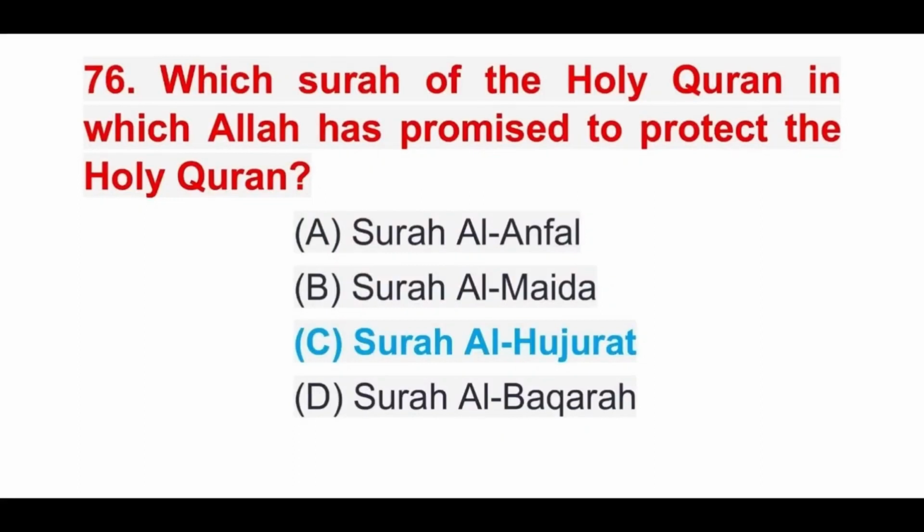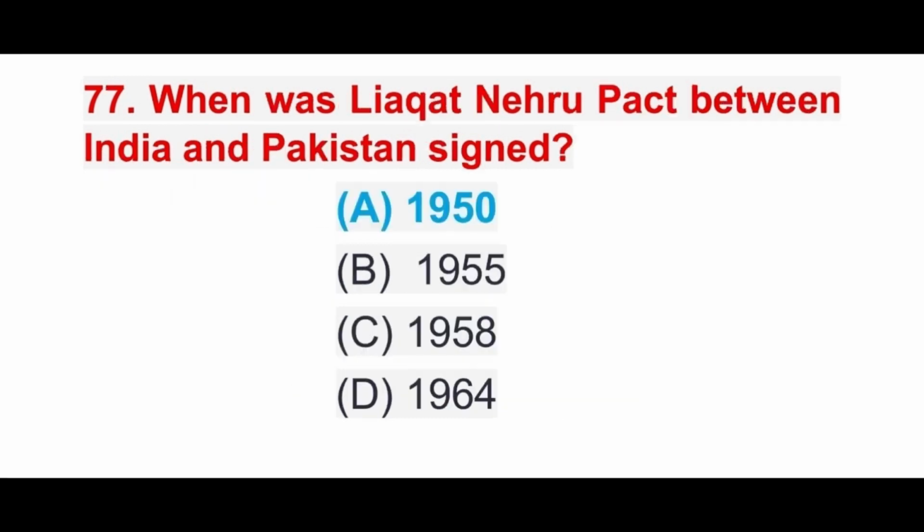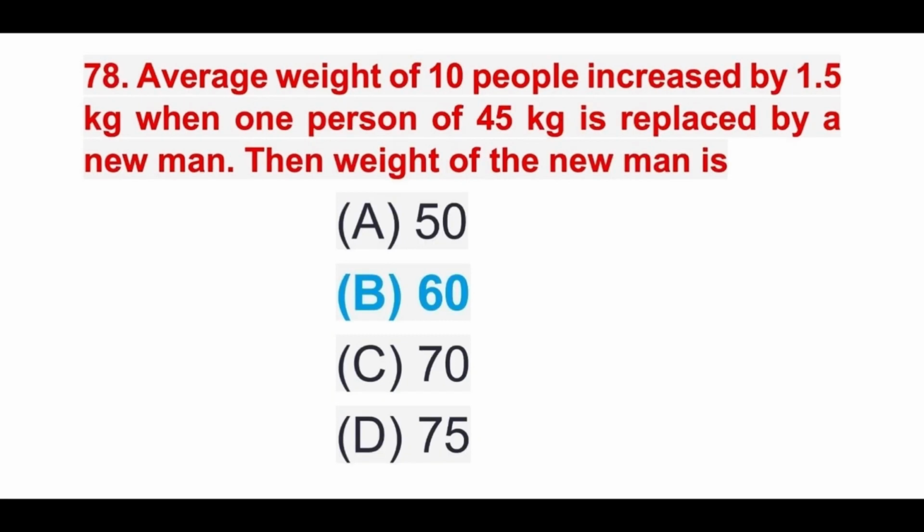Question number 76. Which surah of the Holy Quran in which Allah has promised to protect the Holy Quran? That answer is Surah Al-Hujurat. Question number 77. When was the Liaquat Nehru Pact between India and Pakistan signed? That answer is 1950.